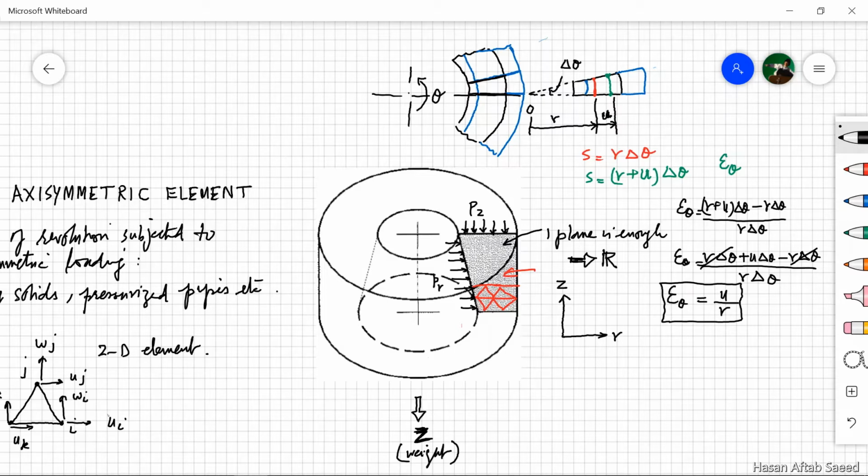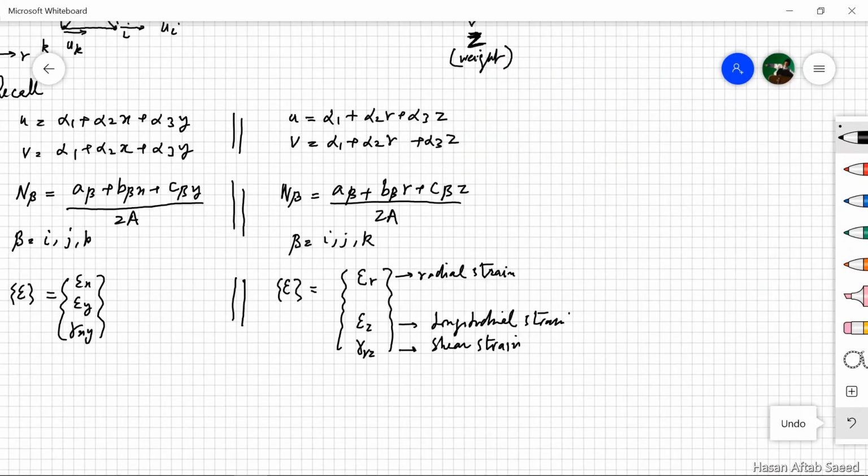This doesn't include a differential. This is simply the displacement u over the radius. So we are now obliged to add another strain component here, epsilon theta, and this is called the circumferential or hoop strain, and the value is simply u over r.